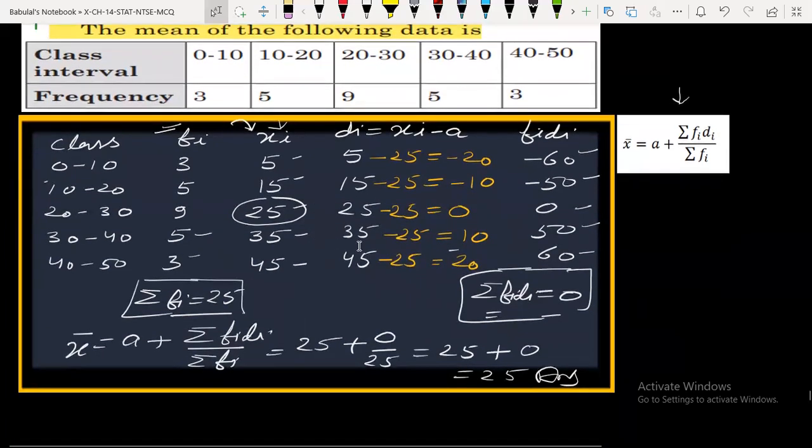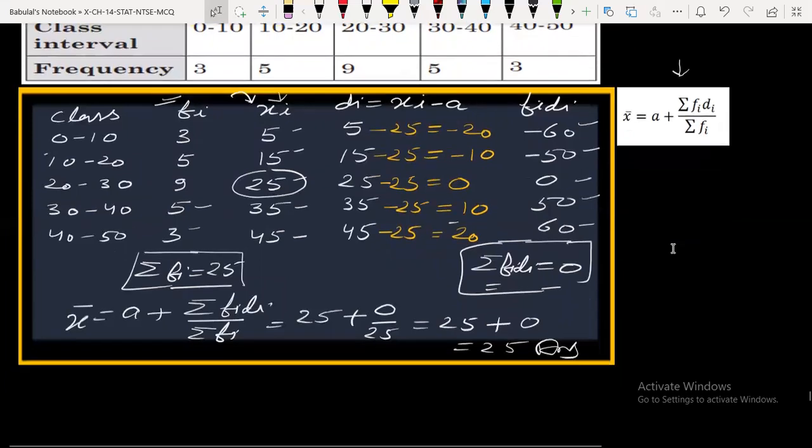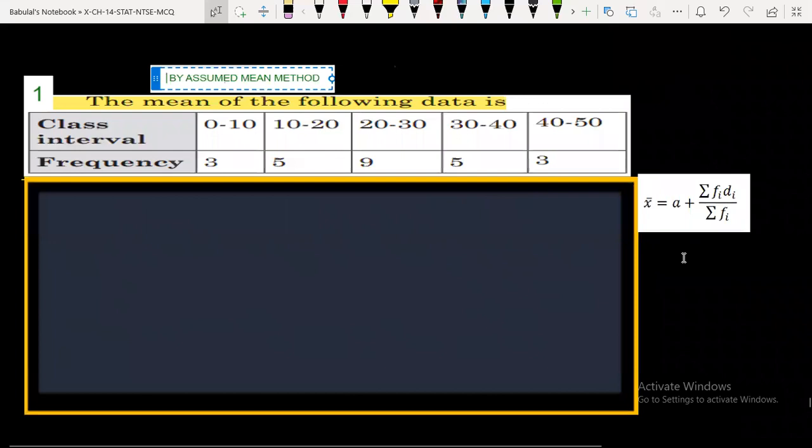So now what will we do? I am taking the same question but changing the assumed mean here.